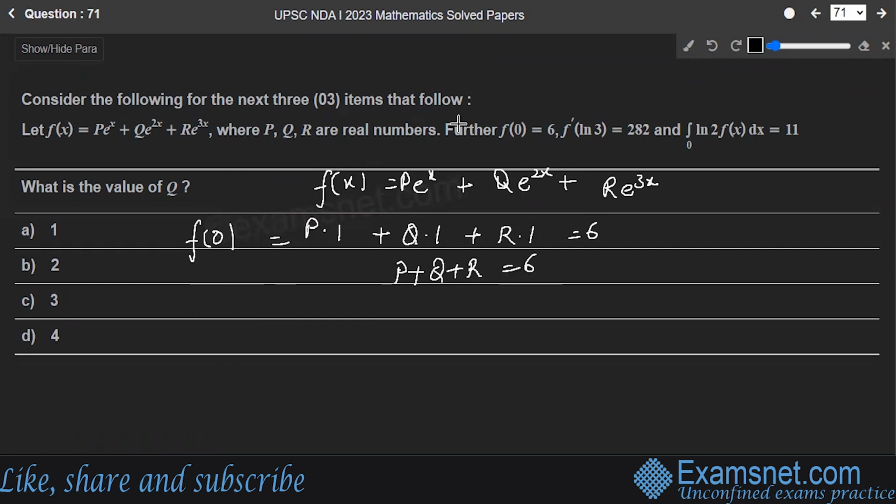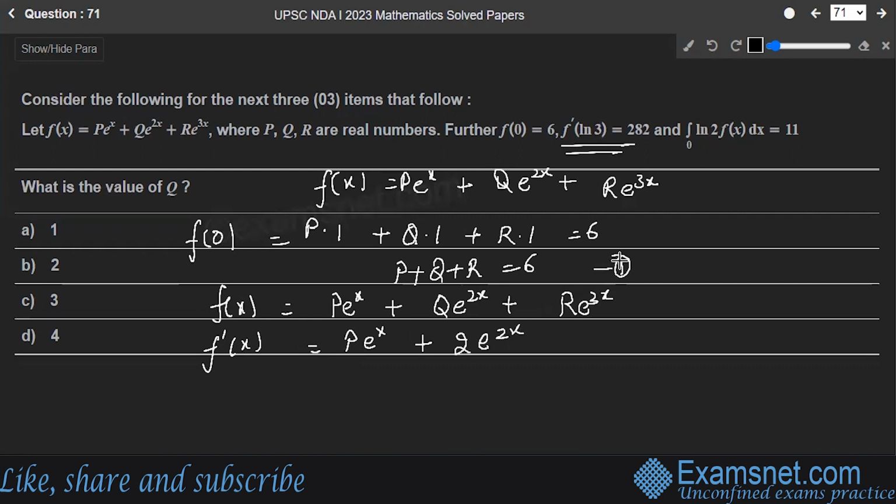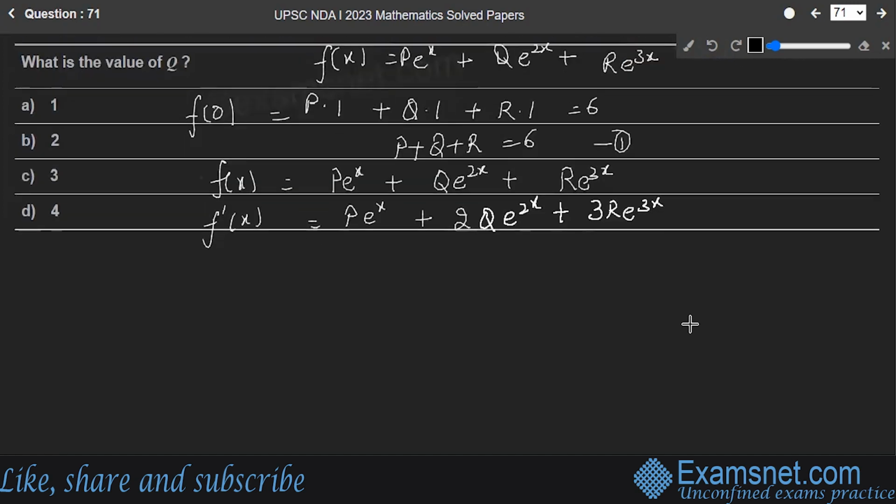So the first derivative, now it says this thing. Let's find out the first derivative of it. f(x), this is number 1. f(x) is equal to p e raised to power x plus q e raised to power 2x plus r e raised to power 3x. Let's find out the first derivative. So this will be p e raised to power x only plus 2 into q into e raised to power 2x, 3 into r into e raised to power 3x.